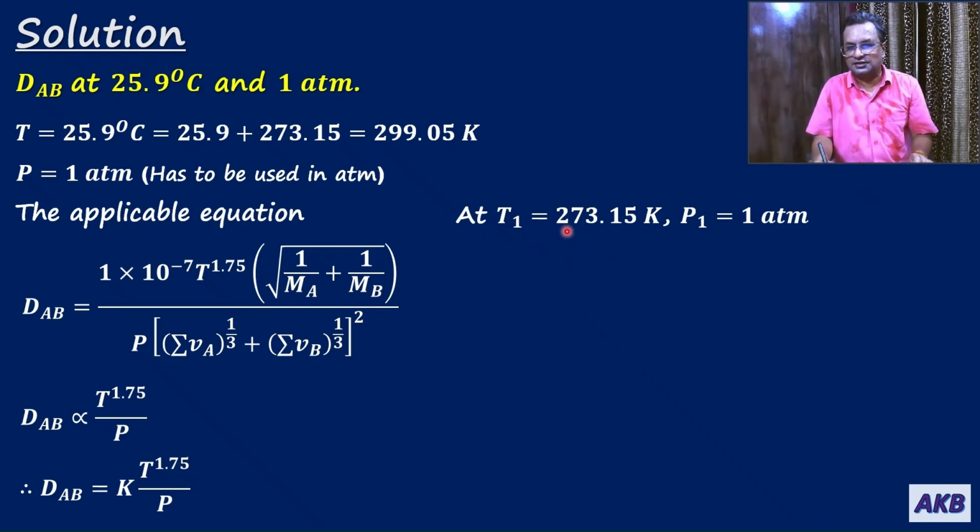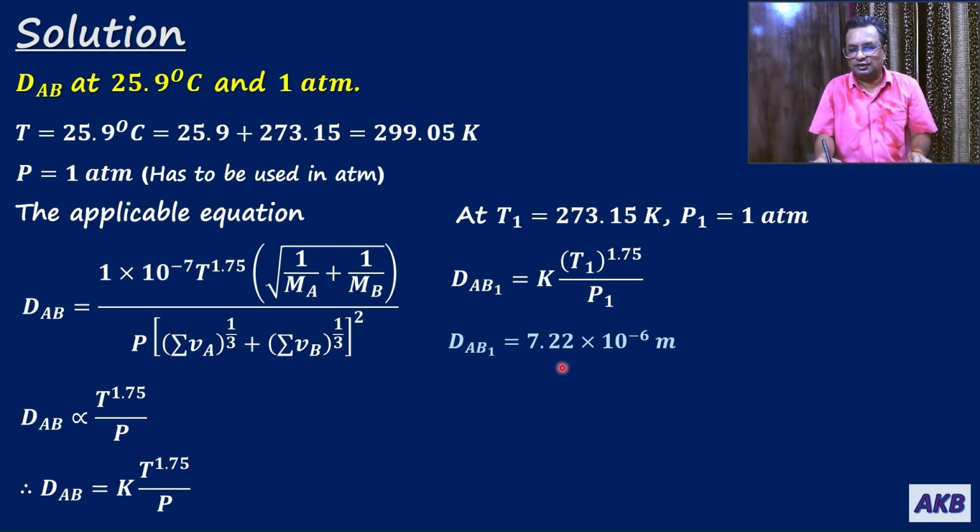So at T1 is equal to 273.15 Kelvin and P1 is equal to 1 atmosphere, DAB1 will be equal to K into T1 raised to 1.75 divided by P1. We had calculated it previously. So DAB1 was 7.22 into 10 to the power minus 6 meters square per second.